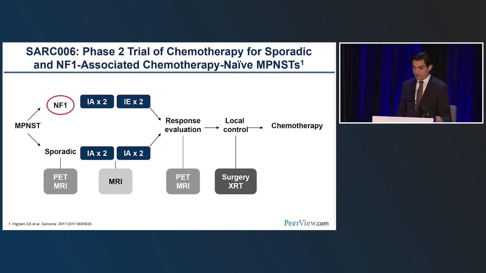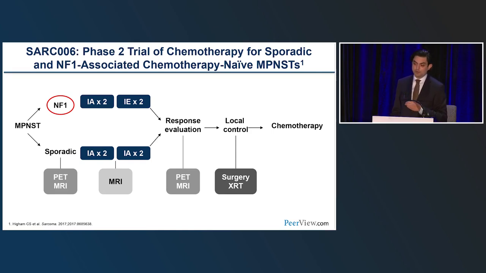The patients with NF received 4 cycles of neoadjuvant therapy. Their response was evaluated using a PET and an MR to look for metastatic disease. And if there wasn't any metastatic disease, they usually underwent local control with surgery, followed by radiation. The order of how you do this really does not seem to significantly affect the outcome.